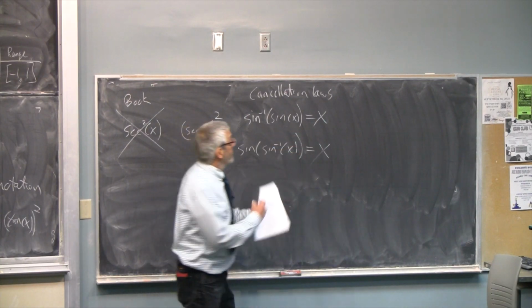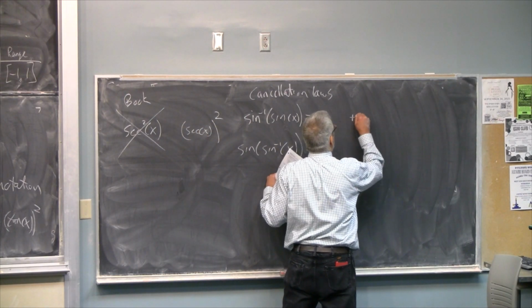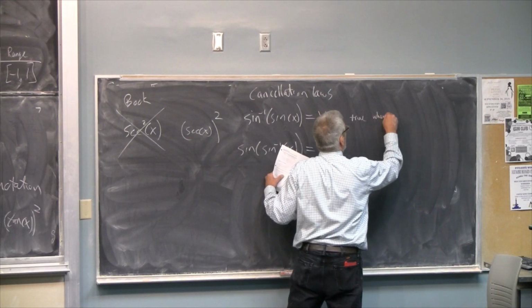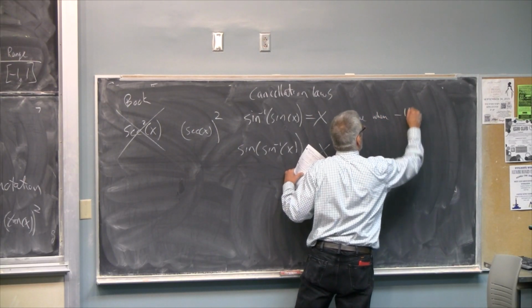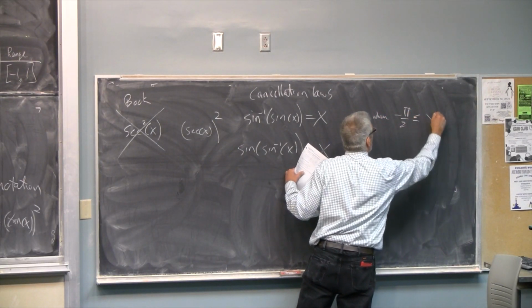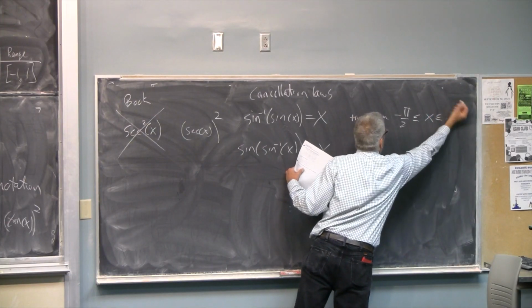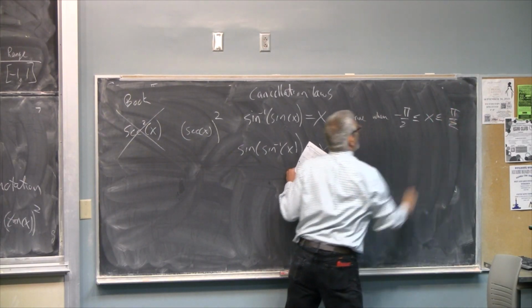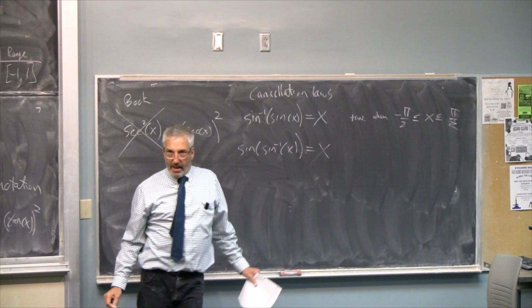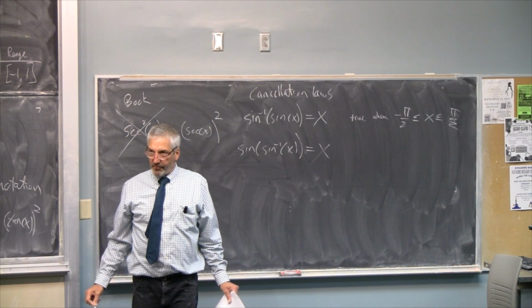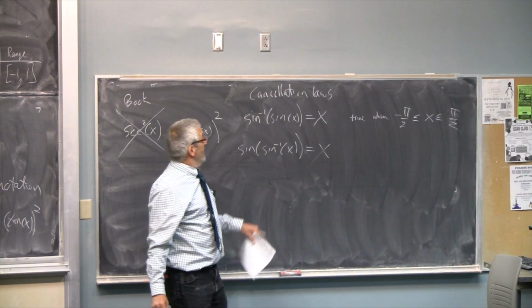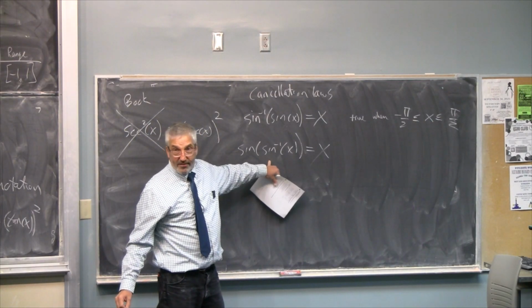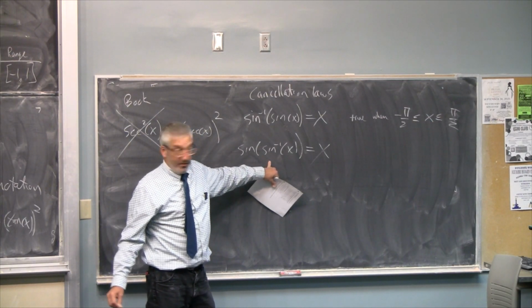So this is only true when x is in that domain that's allowed to be plugged into the restricted sine function. Otherwise, you can't say this. And this is only true for x's that are allowed to be plugged into the inverse function.